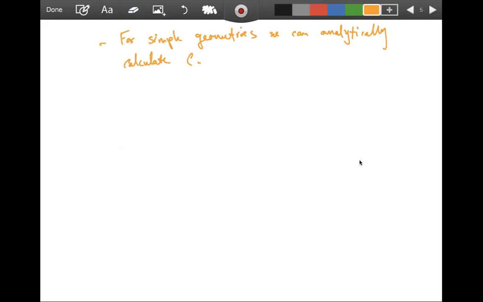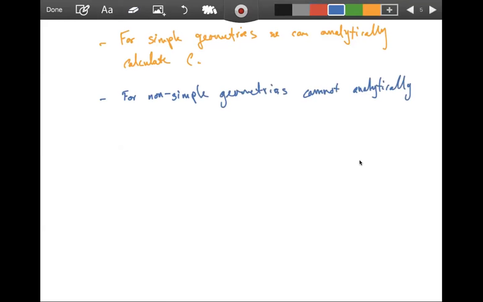For non-simple geometries, most of the time you cannot analytically calculate it, which basically means it's difficult to calculate because you can't actually do the integrals. So in that case, you can't solve them in what's called closed form.